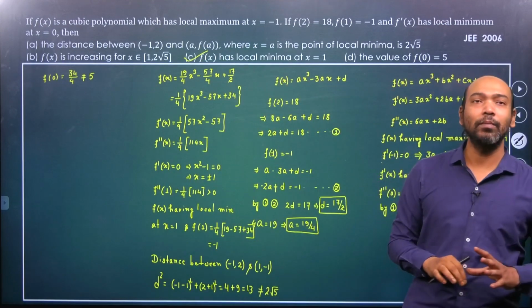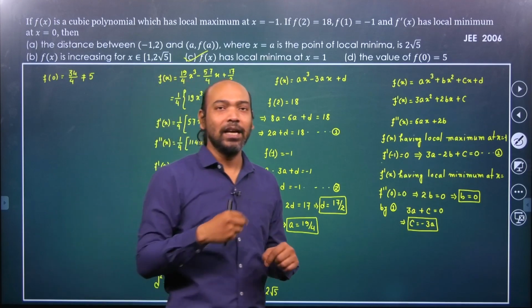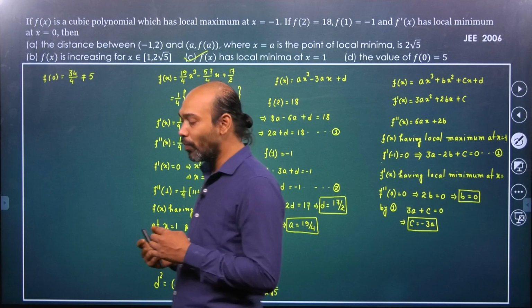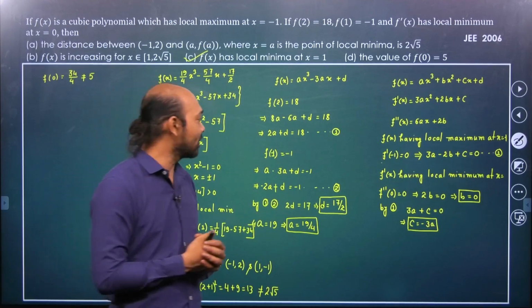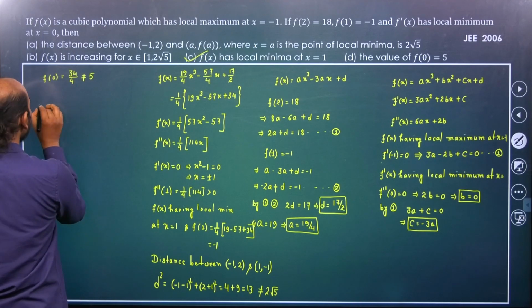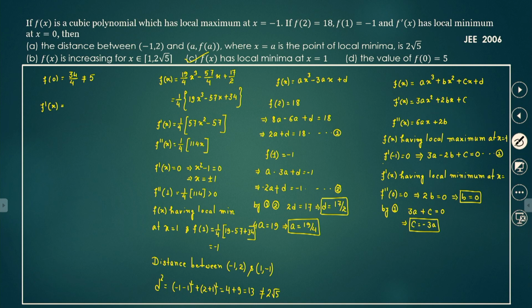Now our main job is to check the last option, that f(x) is increasing between 1 to 2 root 5. So how will we find the increasing function? By checking whether f dash x is greater than 0 or less than 0, right? So let us consider again that function f dash x. We will see that f dash x can be written in the form of 57 by 4 into x square minus 1.